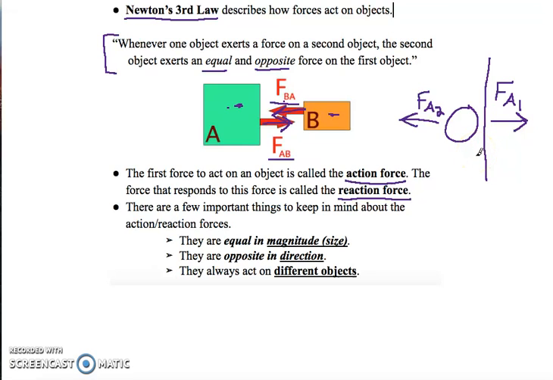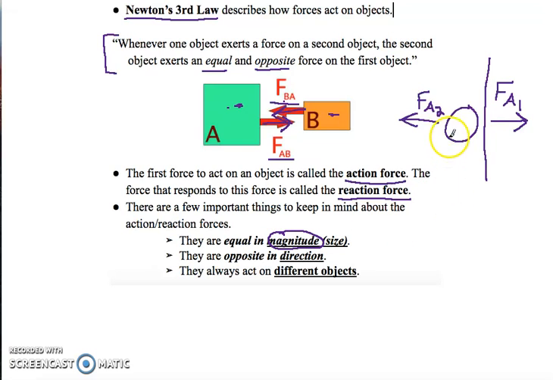That's really what Newton's law says. It describes this interaction, how big these forces are and which ways they go. Very important to keep in mind: the action and reaction forces are equal in magnitude.